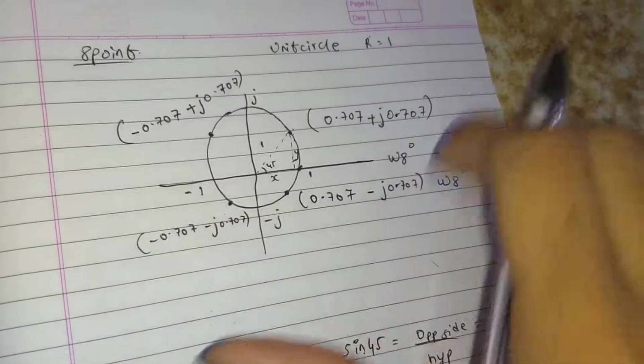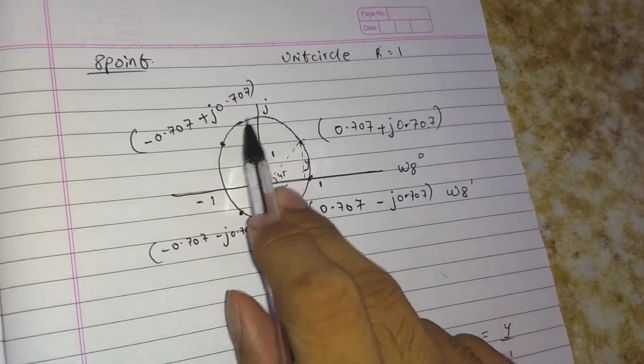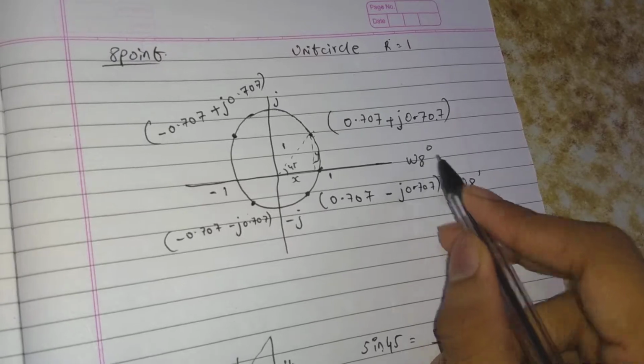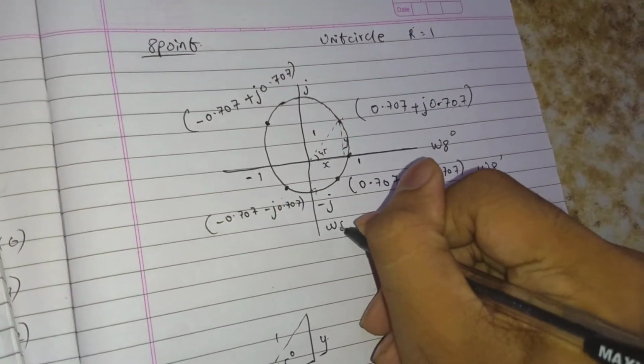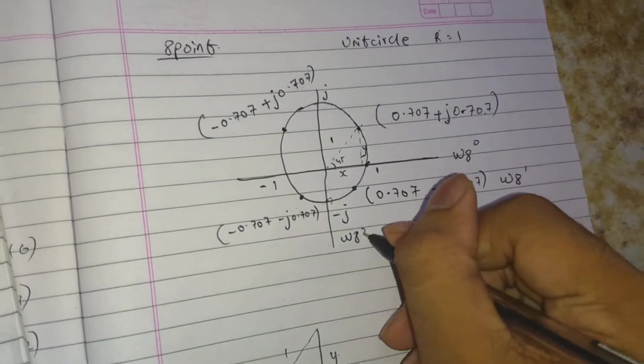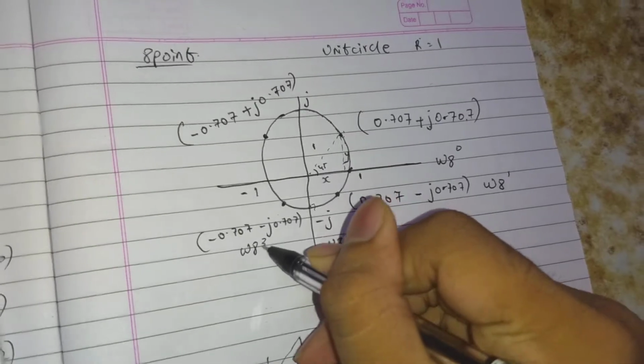We should go in the clockwise direction. From here I am just going like this. So w8 raised to 0, w8 raised to 1, and this point is minus j. This is w8 raised to 2. Perfect. And this point is w8 raised to 3.